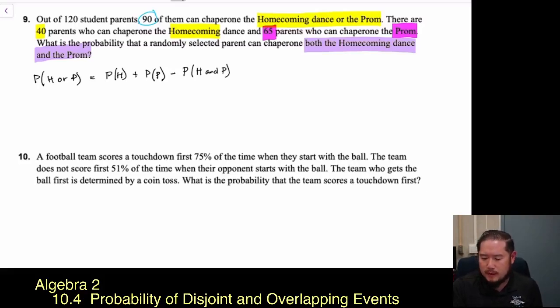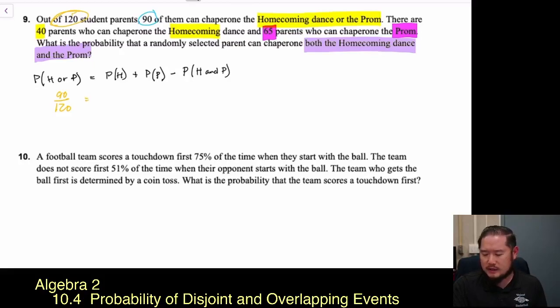So let's think, where could we plug things in? Okay, it says 90 of them can chaperone the homecoming dance or the prom. Now we have to remember that we have a total of 120 student parents. So that 90 should go into the first spot right here, and we'll put 90 over 120.